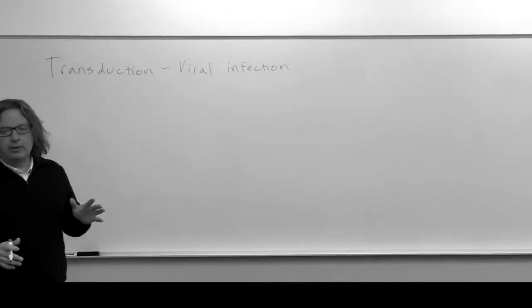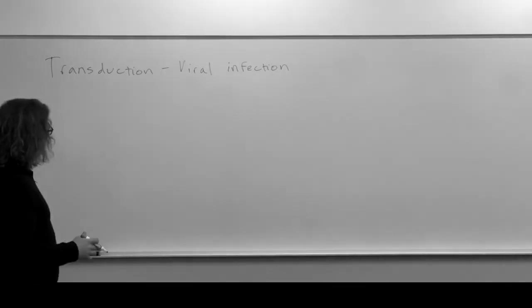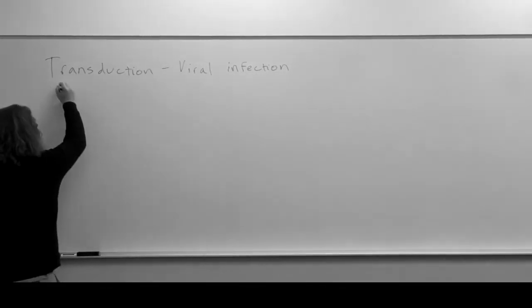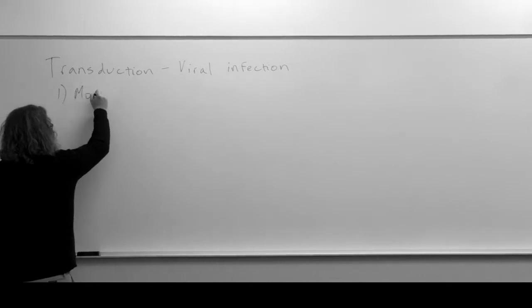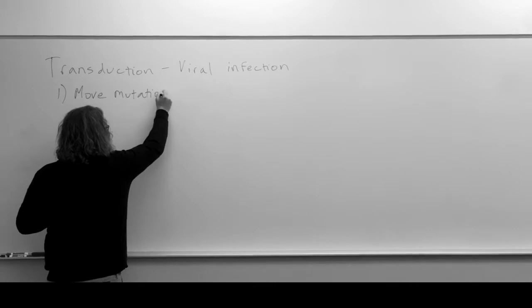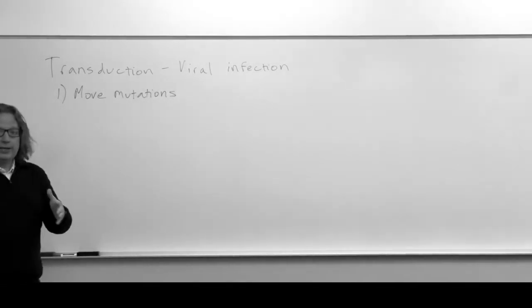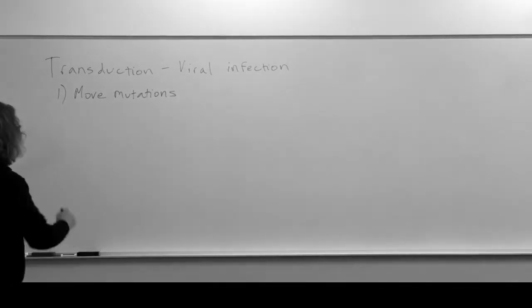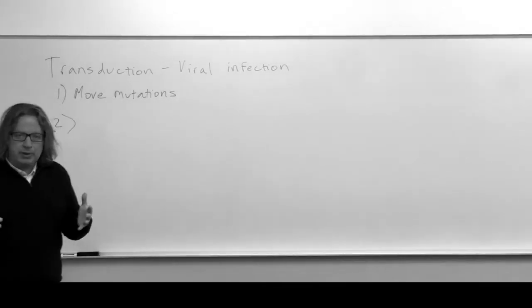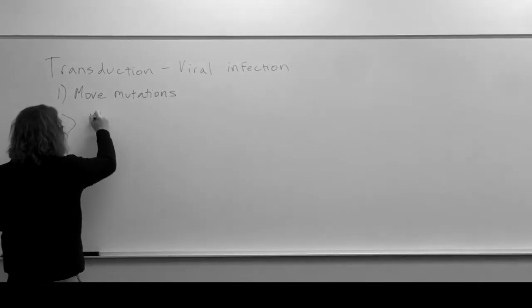Last time we talked about lambda phage. And we're going to use transduction to do two things. One of them is to move mutations, so move them from one bacterial cell to another bacterial cell. And the second is essentially to map mutations.